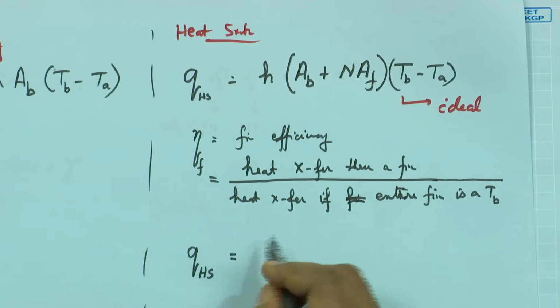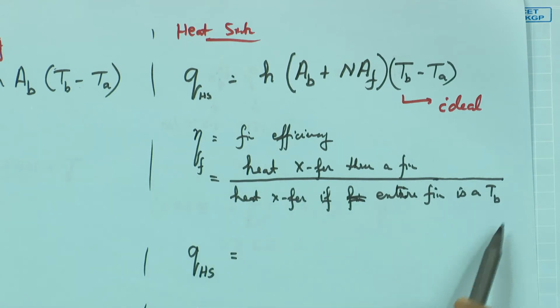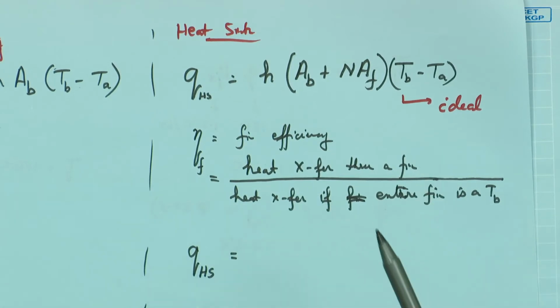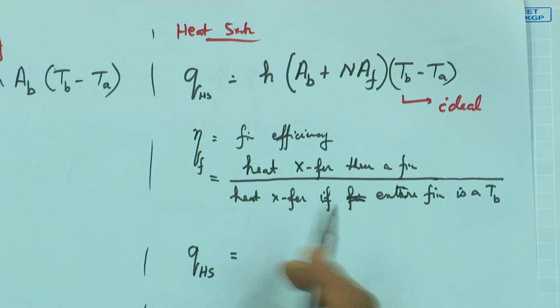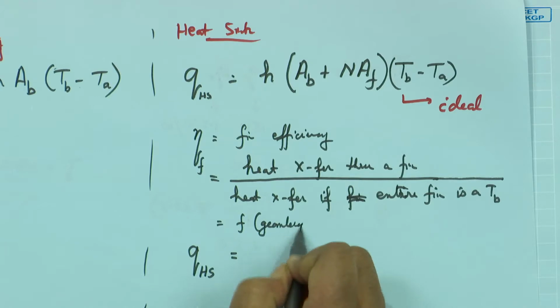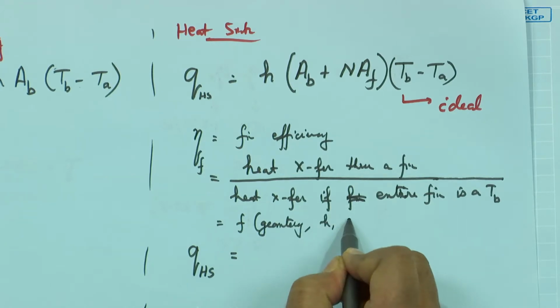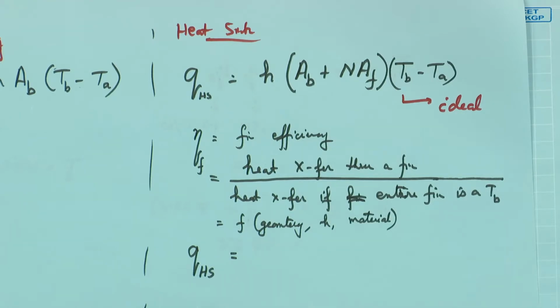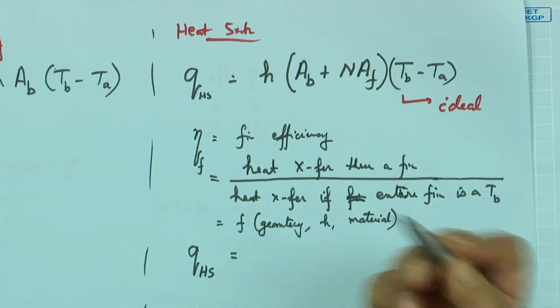Q I can write, and then this is a function of the fin material, the geometry, the heat transfer coefficient around, the conductivity of the material. So, this is a function of geometry, h, material, pretty much these, and geometry is length also.